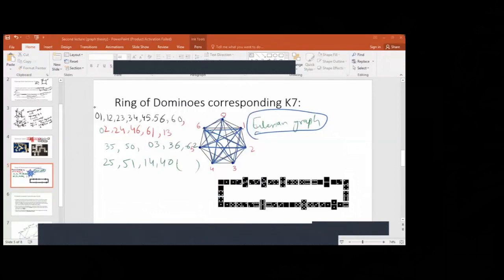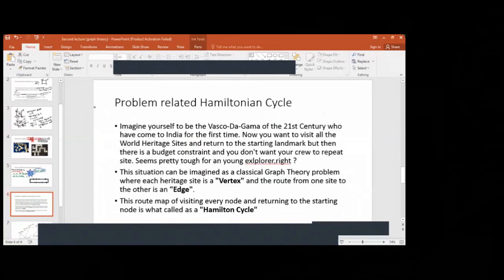Next, a problem related to the Hamiltonian cycle. Imagine yourself to be the Vasco da Gama of the 21st century who has come to India for the first time. Now you want to visit all the World Heritage sites and return to the starting landmark, but there is a budget constraint and you don't want your crew to repeat a site.